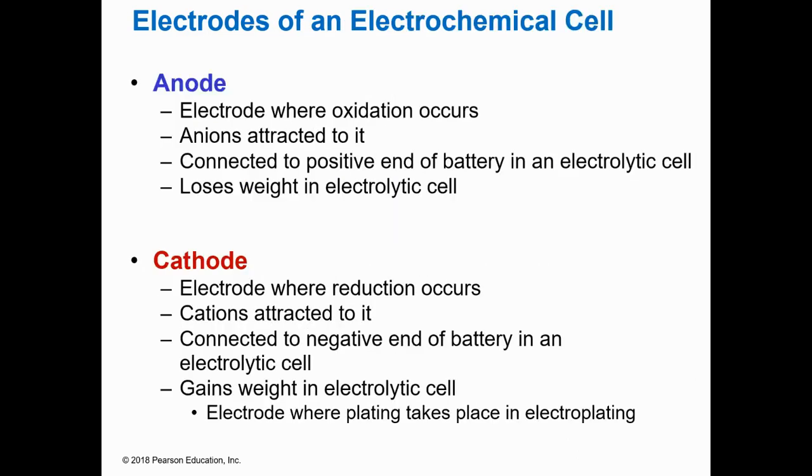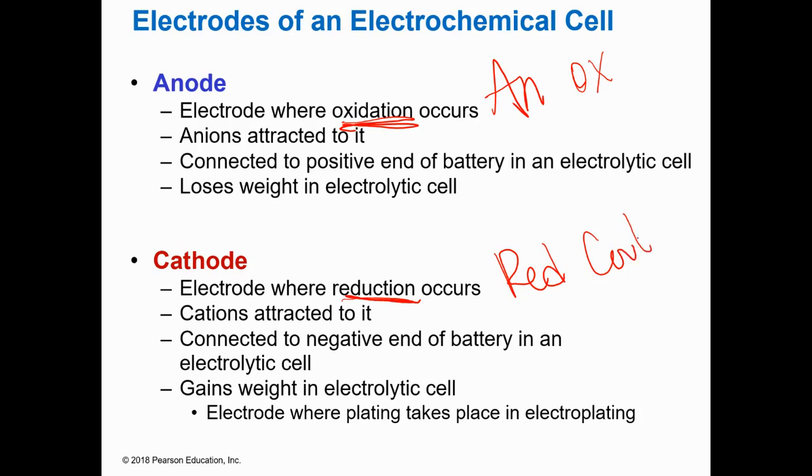All right, so the anode is where oxidation occurs. The way to remember that is an ox. And then the cathode is where reduction occurs. This is red cat. Okay, so an ox and red cat, that's how it's easy to remember.